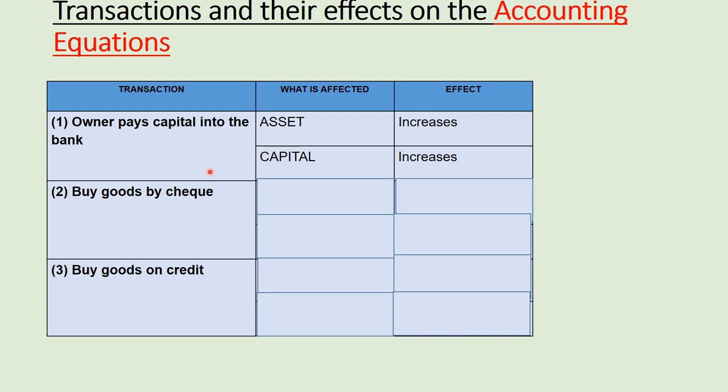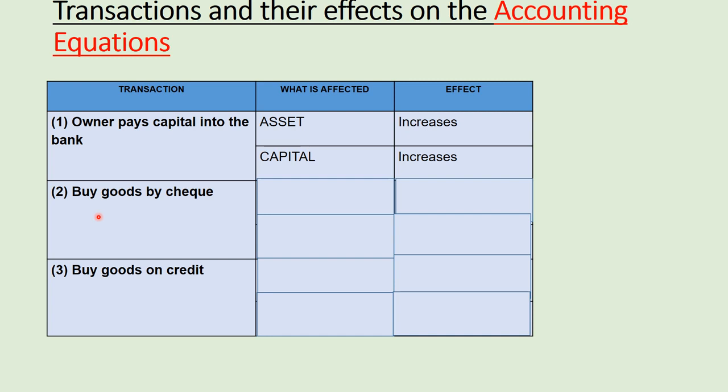The second transaction is buys goods by check. Okay, so initially, before this transaction had occurred, there was a certain number of goods. Now more goods have been bought. Goods are assets. So assets in terms of goods are going to be affected.